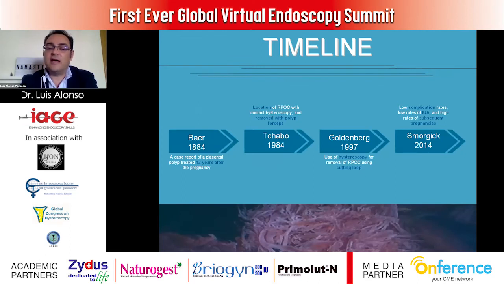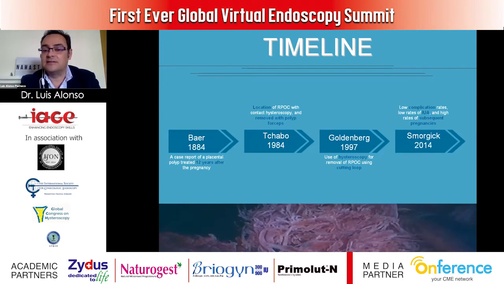So this is the timeline about the treatment and what we know about this. The first case described in the literature was in 1884, a patient with remnants inside the uterine cavity for 12 years. Then in 1984, Chavo was the first to use the hysteroscope just to see where the problem was and remove it with polyp forceps.